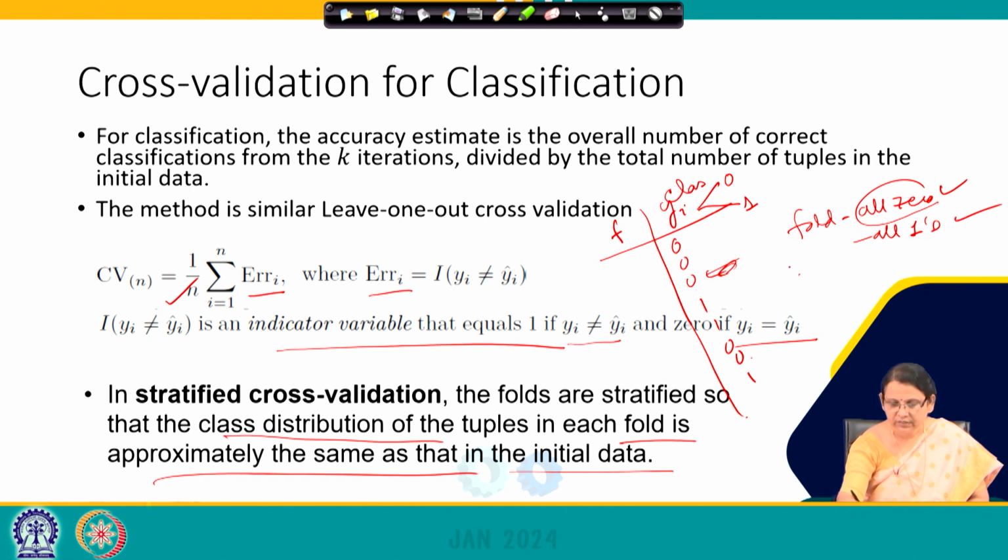Let us say zeros occur 60% of the time and ones occur 40% of the time. So in each partition again we will be sampling in a manner so that yi will be 0 in approximately 60% of the observations and yi will be 1 in approximately 40% of the observations.